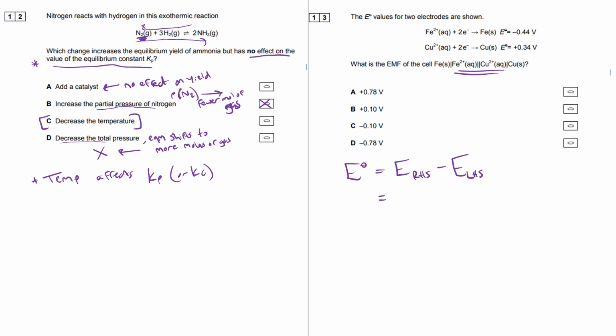The right hand side is copper. So you've got 0.34, take away the left hand side, which is Fe2+, so minus 0.44, to give us the overall E value of plus 0.78 volts. There are multiple ways of working out these calculations, but right take away left if you're given the cell diagram, I find is the easiest.